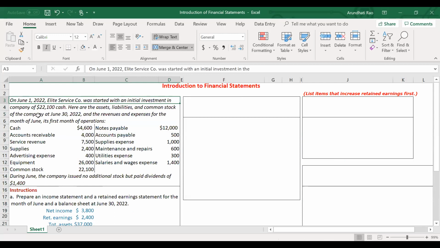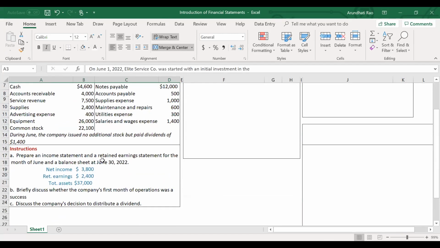The assets, liabilities, common stock of the company at June 30th, 2022, and revenues and expenses for the month of June are as follows. They've given us the information. One additional piece of information they've given us is the company did not issue any more stock during this month, but they did pay out dividends.